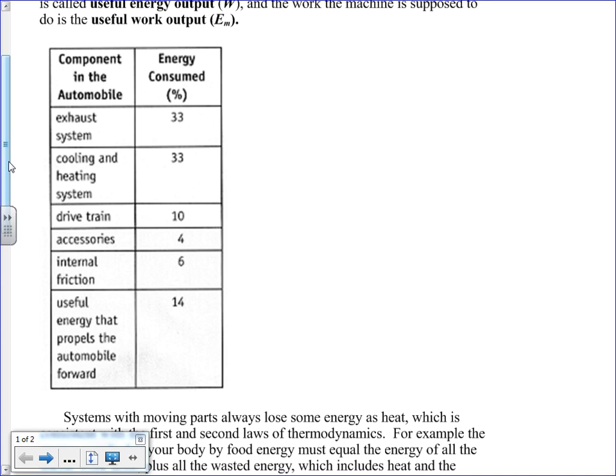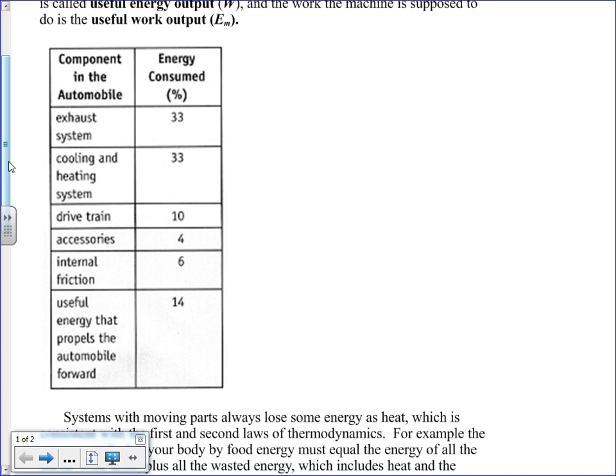10%. Your accessories. If you have not done any significant modifications to the vehicle, that means putting in 7 12-inch subs, 4 extra amplifiers to power them, all of that kind of stuff, then your accessories, stereo, windshield wipers, defogger, power windows and door locks and all of that stuff, about 4%.